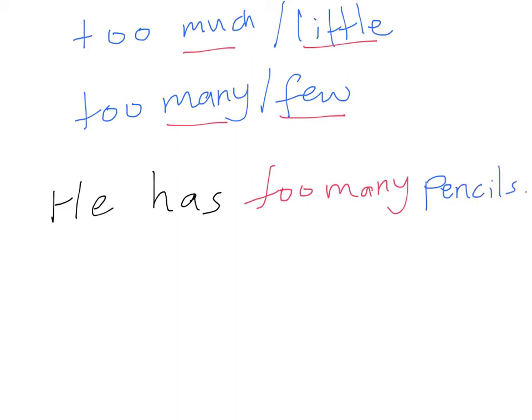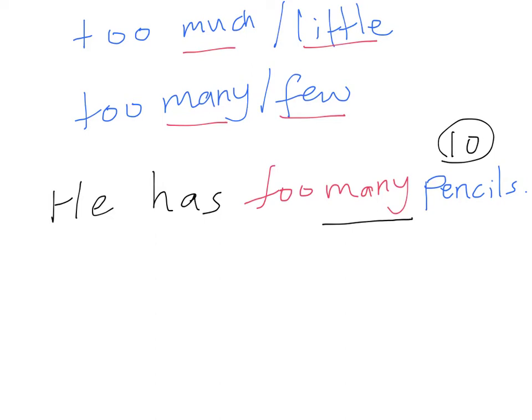For example, if you look at your friend and he has 10 pencils, لو كان معه 10 مراسم, they are more than enough, أكثر من اللازم. So he has too many pencils. Too many is for countable nouns, للمعدود.